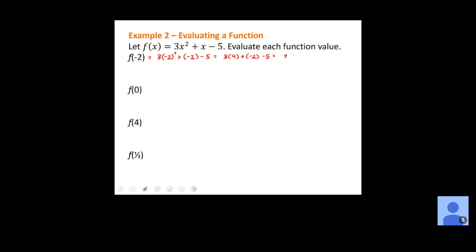All right. We'll have 12 plus negative 2 minus 5. All right, and then if we add and subtract, because that's all that's left, we can just read that from left to right. 12 plus negative 2 minus 5 would give us what?